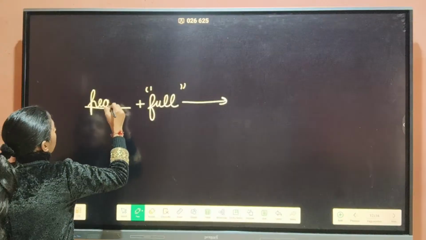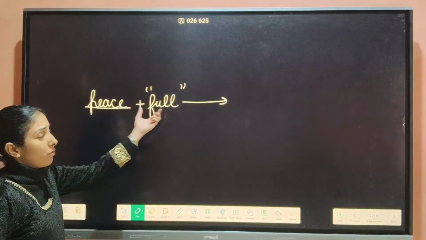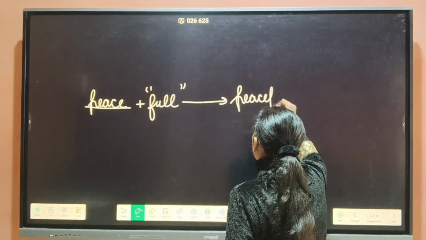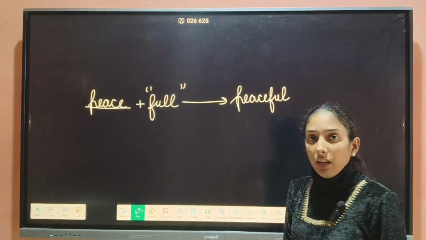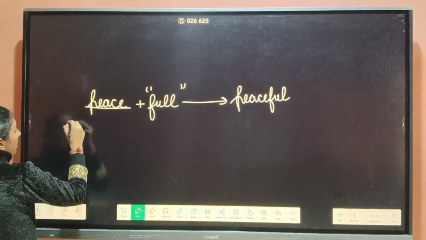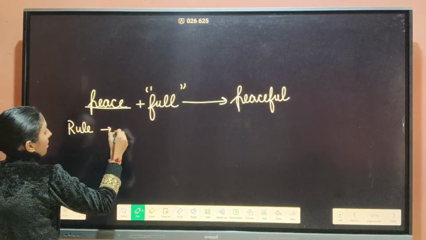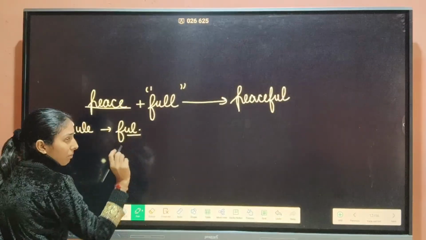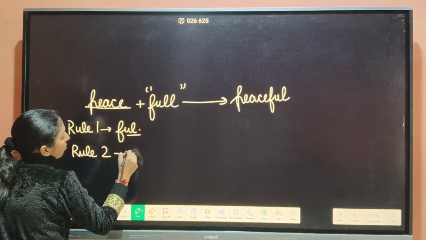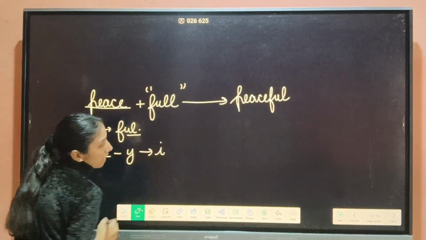Like if I am writing the word peace and I am adding full, so what will be the spelling now? P-E-A-C-E-F-U-L, like this. Okay, this was rule number 1, that F-U-L will come in the last. Rule 2 is saying that Y will change into I.